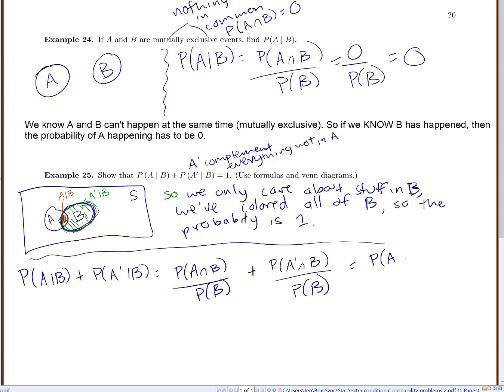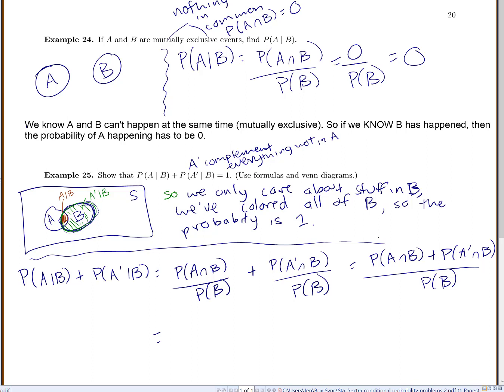So probability of A and B plus probability of A complement and B, all over the probability of B.